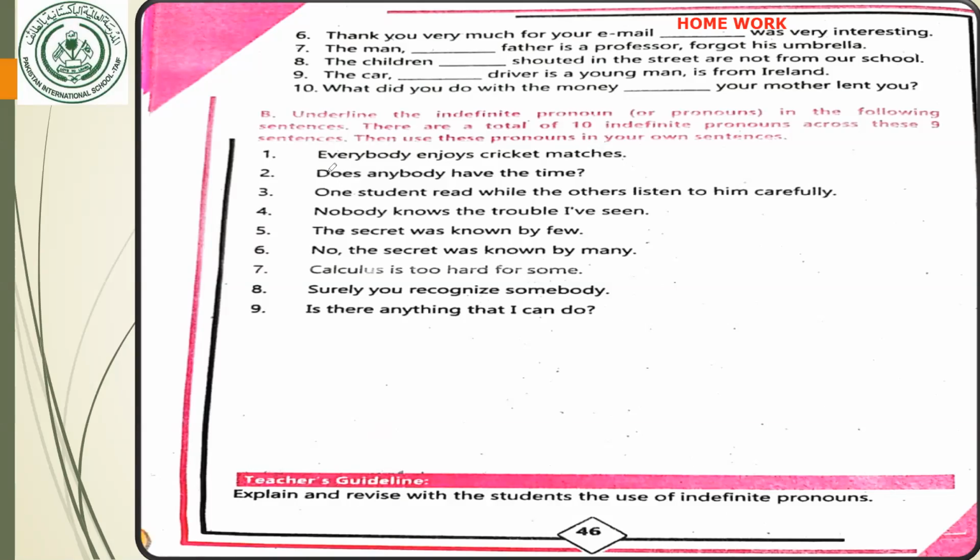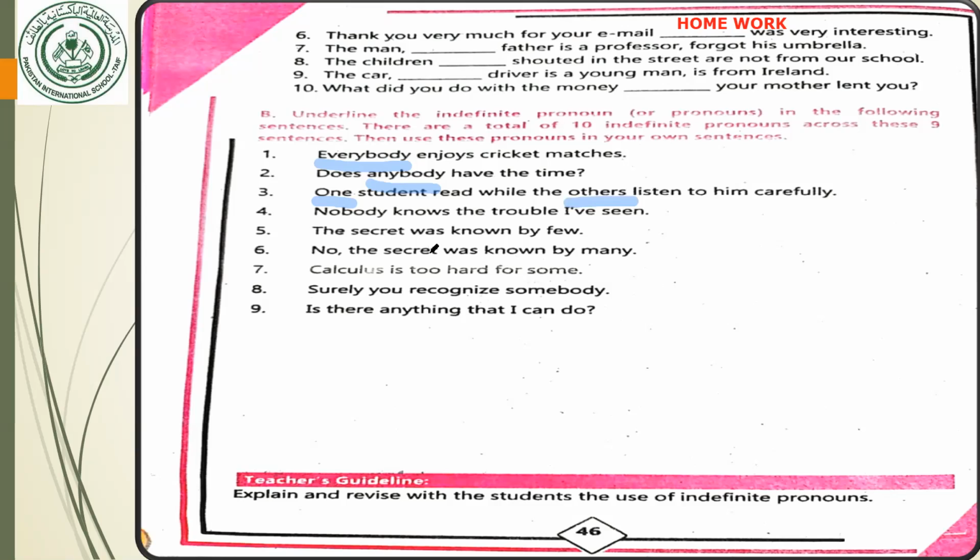Number 1 is everybody enjoys cricket matches. So everybody is the indefinite pronoun. Second, we have does anybody have the time? Anybody is the indefinite pronoun. Number 3, one student. So here what do we have? One, okay. And while the others listen to him carefully, and second is others.